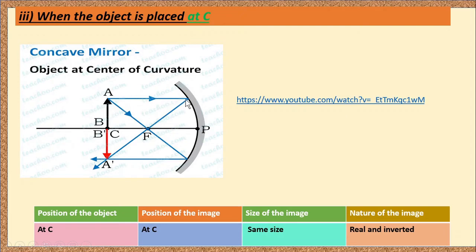After reflection, one ray passes through the principal focus and after reflection both reflected rays intersect at C. The size of the image is the same as that of the object. Nature again real and inverted.